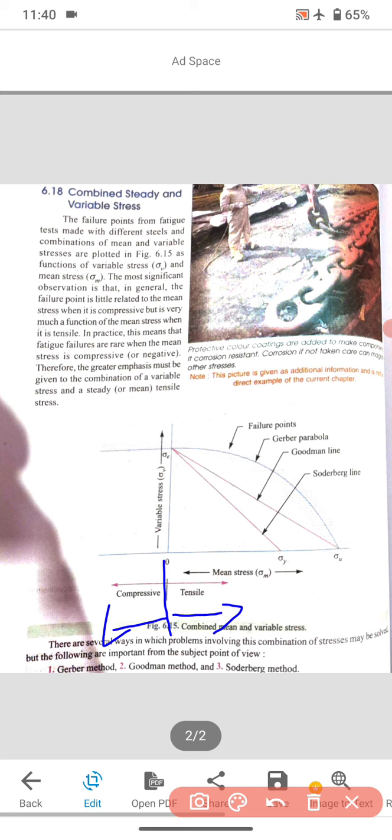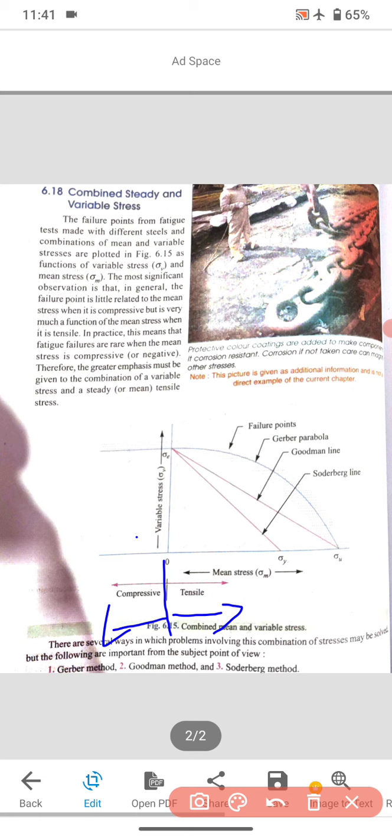If someone asks why the graph is seen only on the tensile side, your answer will be that the tensile stress has a greater effect on the machine component as compared to compressive stress. And most of the time, percentage-wise, it is 85 to 90%.